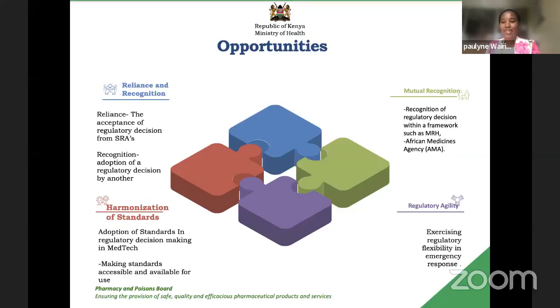Once we have standards that are recognized by the national regulatory authorities from each of the countries, for example, in Africa, looking across the 54 member states, if one standard that is speaking to the quality of a medical device is accepted, it means that the 54 countries do not necessarily have to go back and look at a different reference standard.